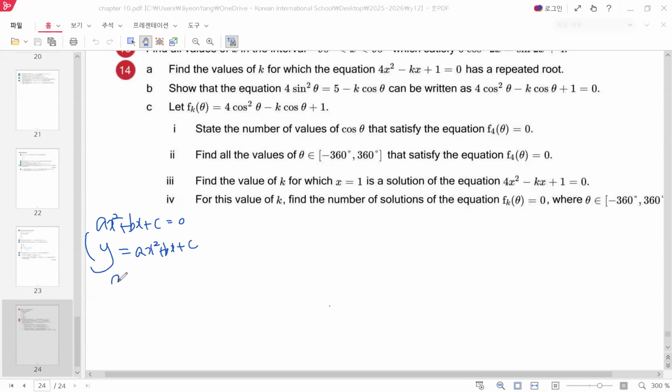Let's just consider a is positive. If A is positive, the shape of quadratic graph is like this, right? If A is negative, the shape of quadratic graph should be a cap. So cup and cap.